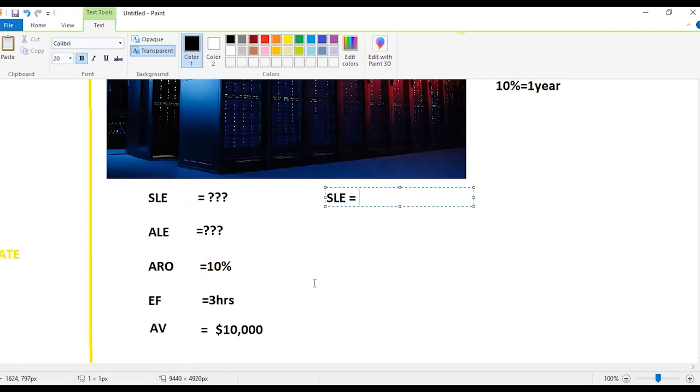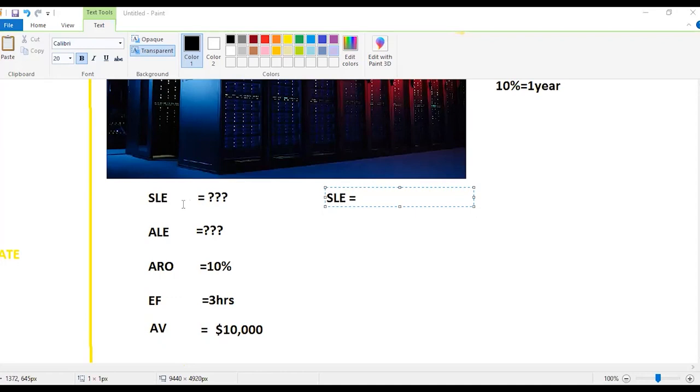Anyone here from a commerce background would find it easy and nostalgic? Guys, are you here with me? Yes, Kevin, you're audible. Can anyone guess how we can find single loss expectancy?